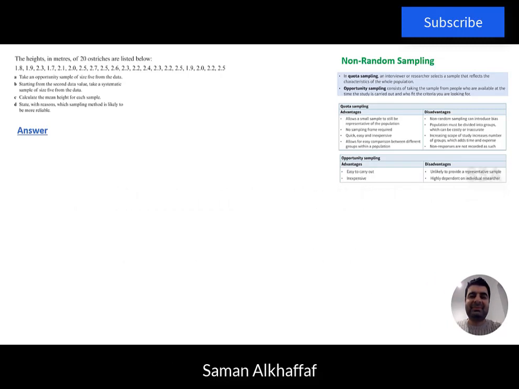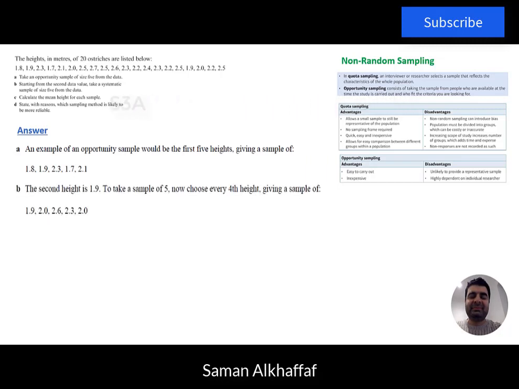And for part A, take an opportunity sample of size 5 from the data. An example of an opportunity sample would be the first 5 heights, giving a sample of 1.8, 1.9, 2.3, 1.7 and 2.1. Now for part B, starting from the second data value, take a systematic sample of size 5 from the data.